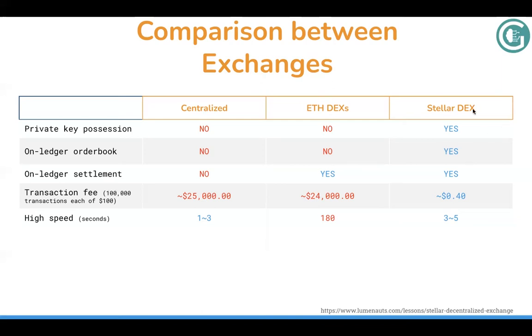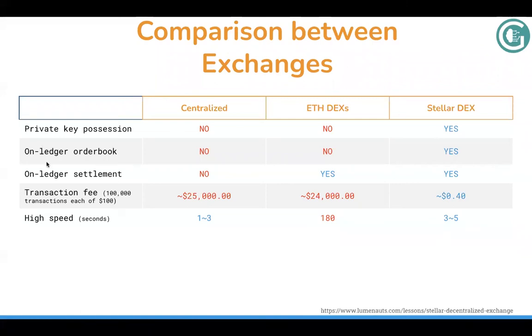The third one here is the Stellar Decentralized Exchange. That's the beauty here, that your private key actually belongs to you. That's how it is built. So if you keep it in a secure way, unless someone gets access to your physical device or the hard drive you kept it on, your account is secure.